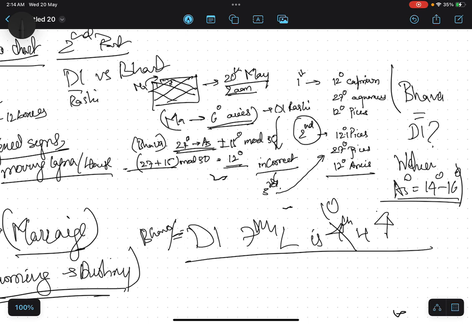The 7th lord, which is Mercury for Gemini, will be exalted in its own sign in Virgo. But in D9, we are checking the 7th lord in D9, and I'm assuming D1 and D9 are also the same. Very rare for that to happen, but it is possible. That again depends on degree. There's a whole mathematical calculation on it, but for now just assume that is the case.